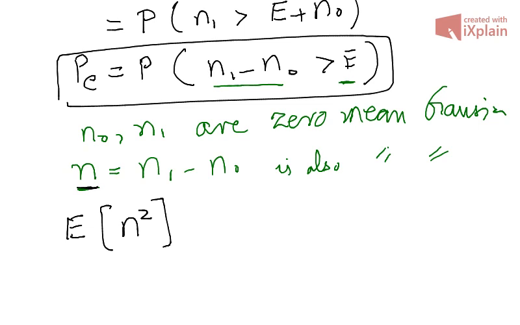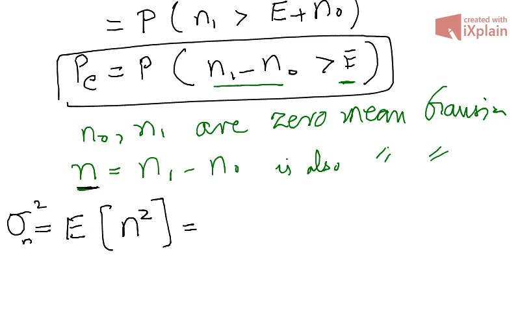So the second moment is actually equal to the variance of the noise. This is from your basic knowledge of probability and random variables, right? If you have a zero mean Gaussian process, its second moment is equal to its variance.